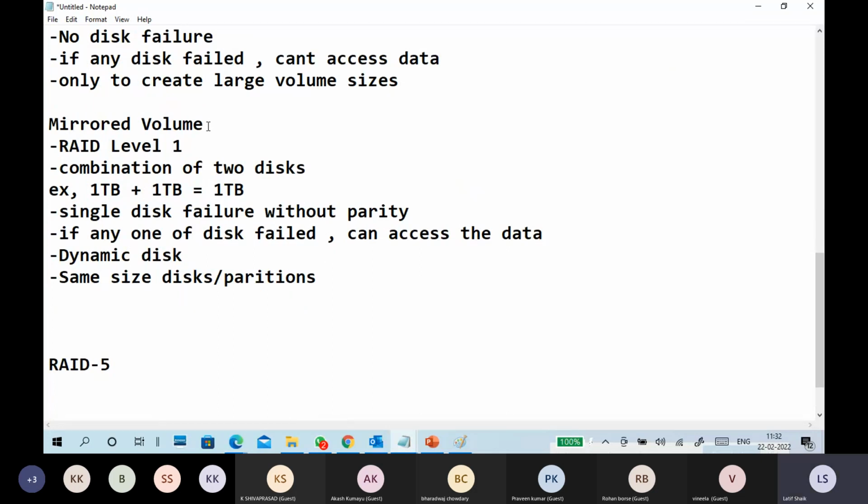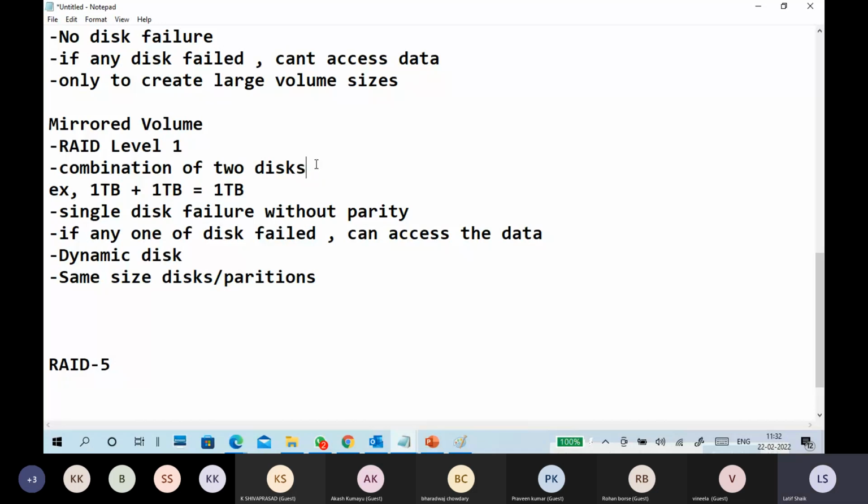Important: a RAID mirror volume is RAID level 1, a combination of 2 disks only. We can take only 2 disks, we can't take 3 disks here, and we can't take more than 2 disks.